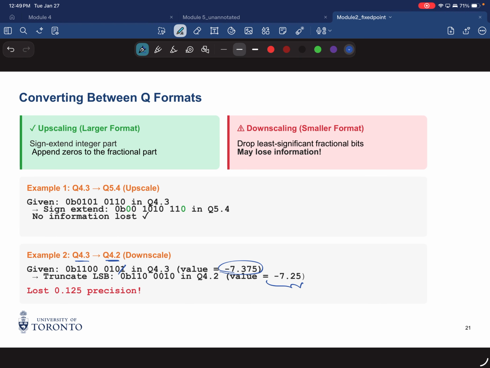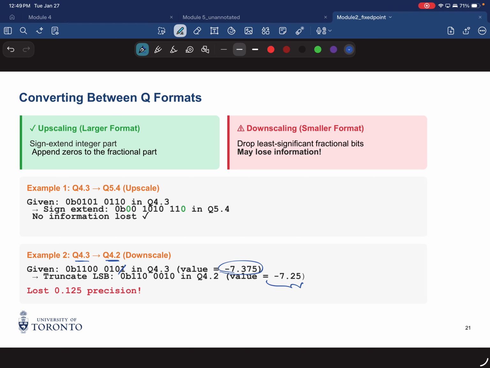In that case, you lose some accuracy. You're introducing some errors, right? So when you're downscaling, you have to remember that even if you're doing that to the fractional bit, you might be losing some information. And downscaling on the integer bits, you might lose a big chunk of it, right?